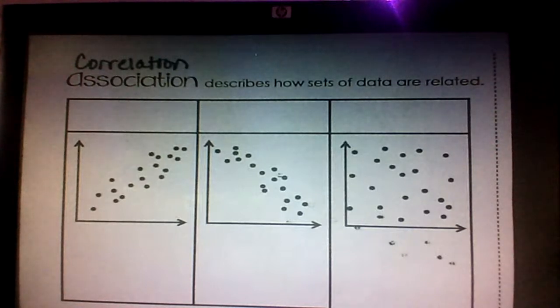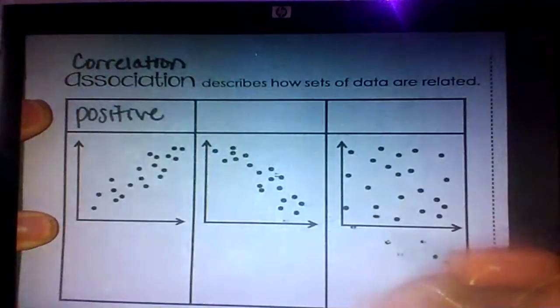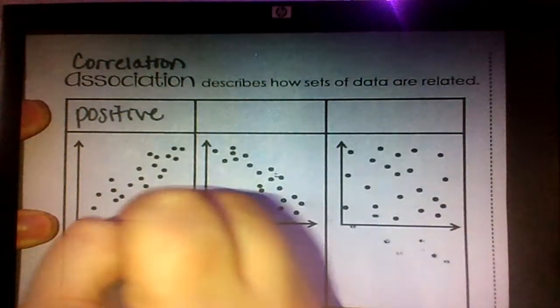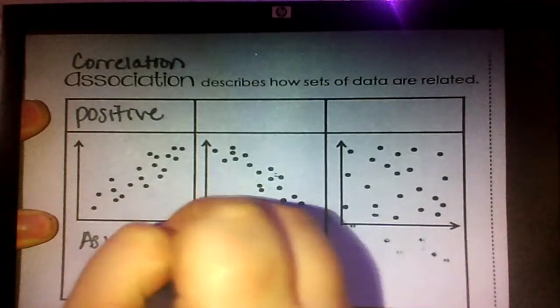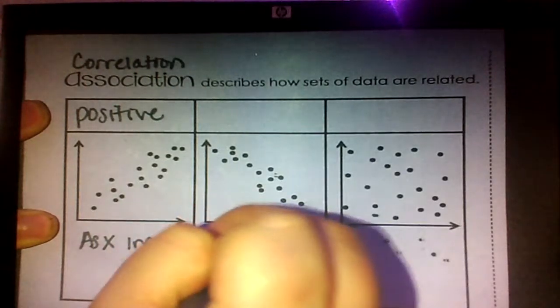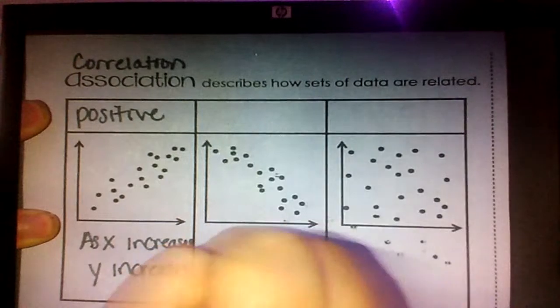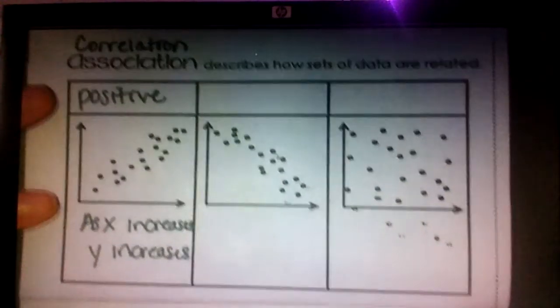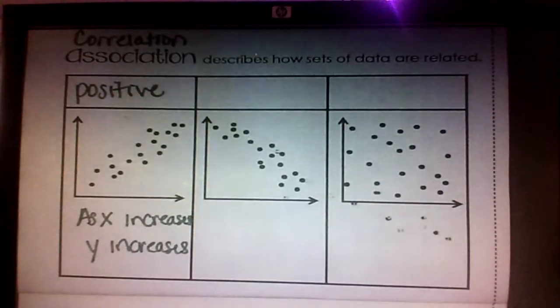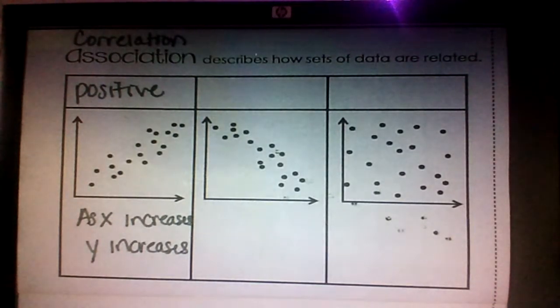So the first one is going to be positive, because as X increases, Y increases. It's positive because as I'm going to the right on my graph, I'm getting taller.